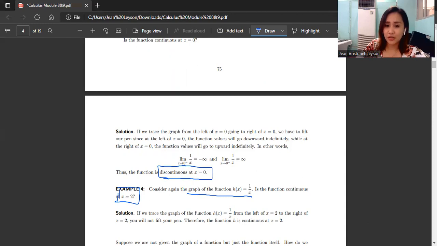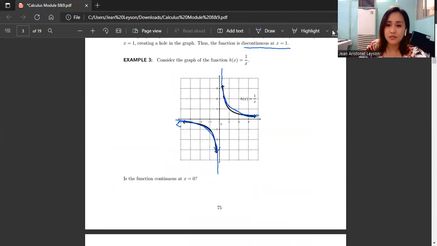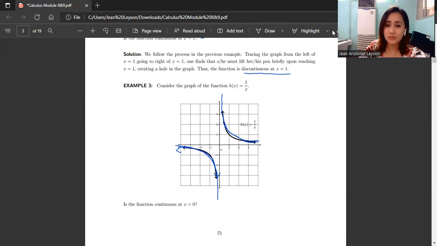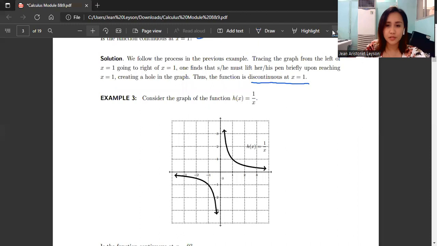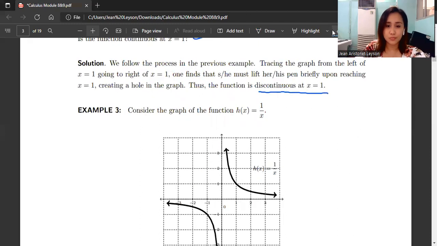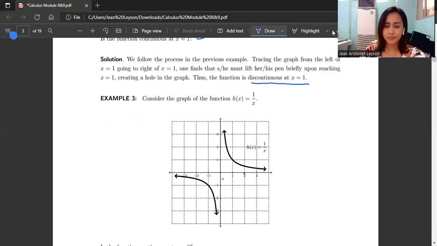So let's take a look at the graph. So 2 is here, right here.